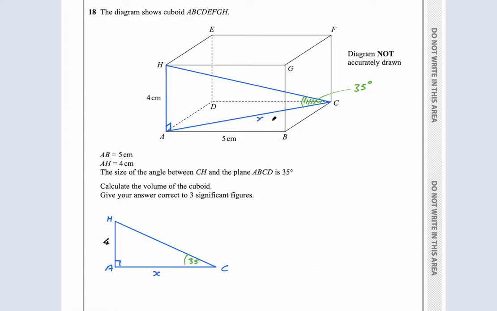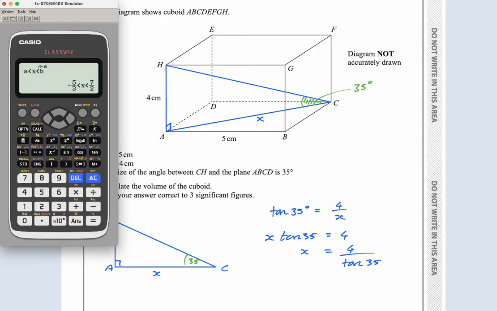Using tan, tan of 35 degrees equals opposite 4 over adjacent x. Multiply across by x: x tan 35 equals 4, then divide by tan 35. x is 4 divided by tan 35.